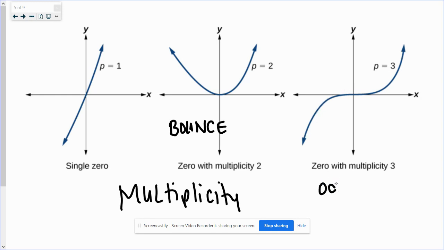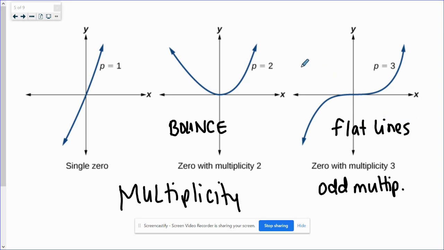So all odd multiplicities cross through the x-axis. It does go 1, 2, 3. So again, that's why this has to be a 3 multiplicity. So it's going to be a cross through, but it flatlines a bit.